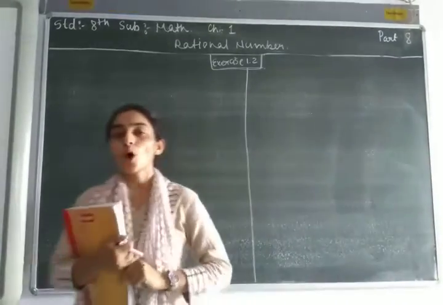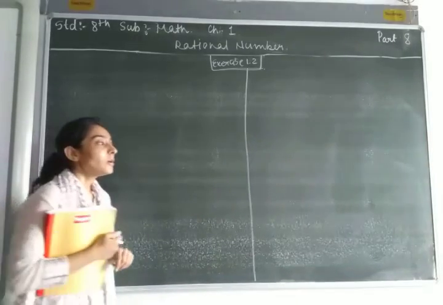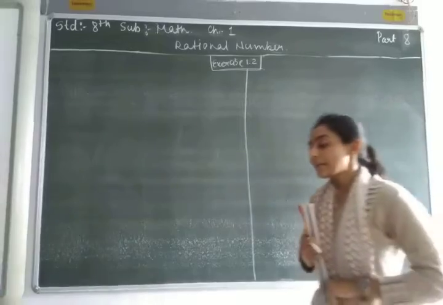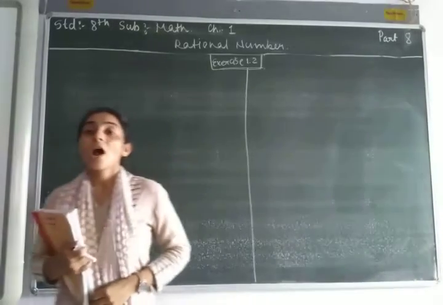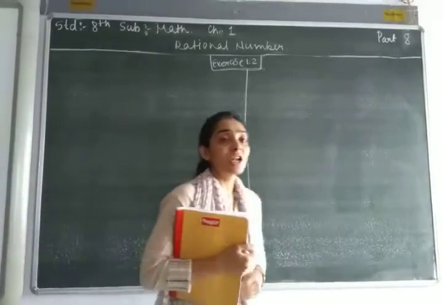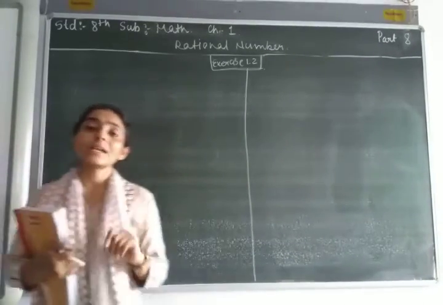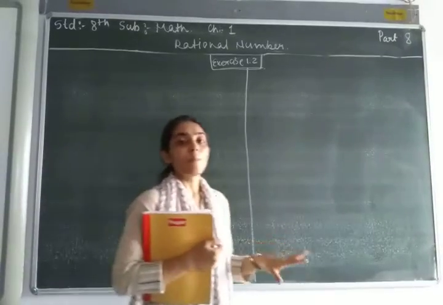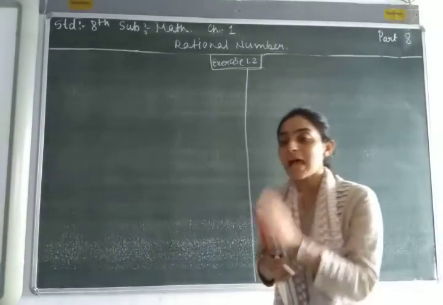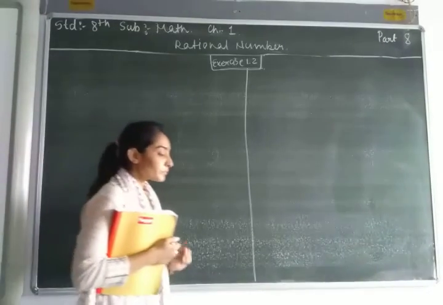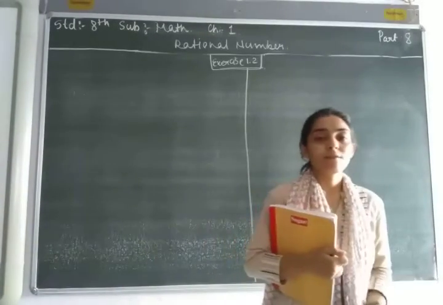Now the second thing you have learned is how to find rational numbers between any two rational numbers. We know that there are infinite rational numbers between any two rational numbers. So all these things we have learned.